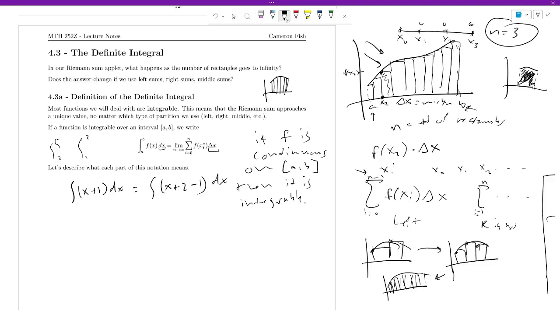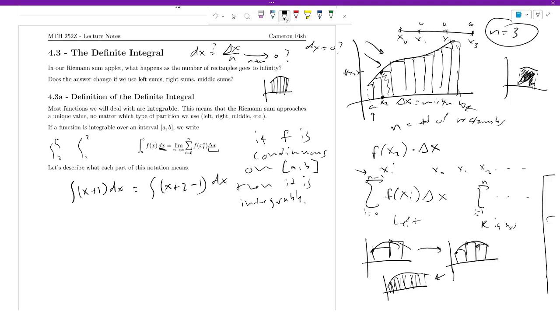Now, like we said, the width of an infinitely thin rectangle should probably be 0, because you take your delta x divided by n, and then let n go to infinity. It's probably 0, right? So maybe dx is 0. It's a little not well defined the way it is, but it's the notation that people used and still use today. It is okay to think about it sometimes. It can help you remember we're thinking about rectangles.